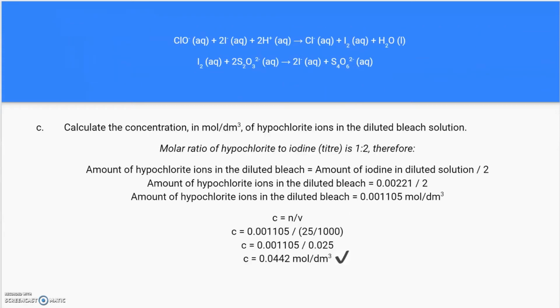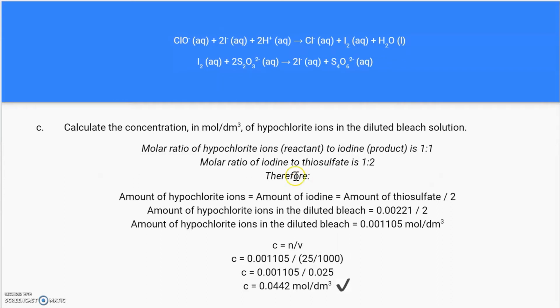Now, part C asks us to calculate the concentration in moles per decimeter cubed of hypochlorite ions in the diluted bleach solution. Let's remember that this experiment has two parts. The first one is the volumetric analysis to determine the concentration of hypochlorite ions in the bleach, right? And that is described with this equation reaction.